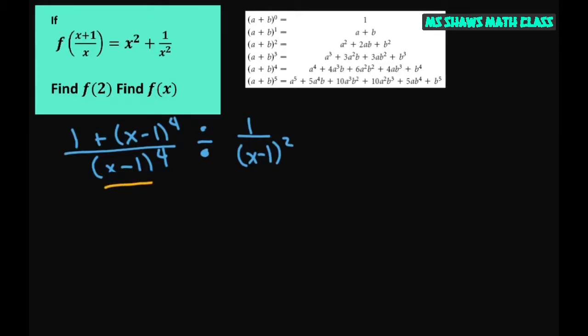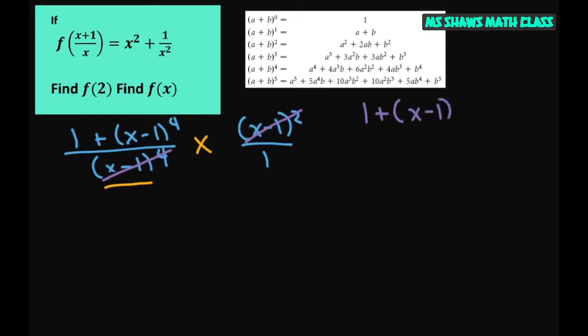So I'm going to change this to times and flip this around. So this is going to be x minus 1 squared over 1. And what happens is this x minus 1 to the fourth goes into this 2 times. So finally we have 1 plus x minus 1 to the fourth divided by x minus 1 squared. And this is your f of x.